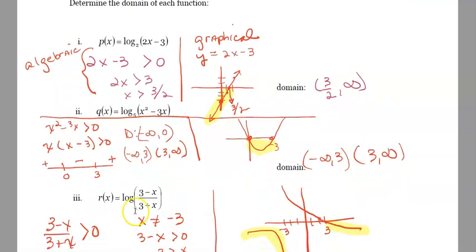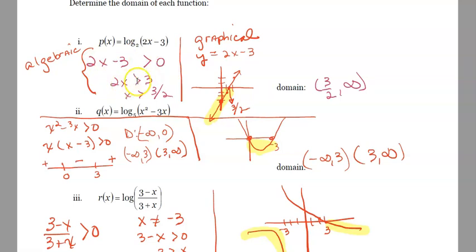Okay, algebraically, you can't take the log of a 0 or a negative. So therefore, this expression right here, the 2x minus 3, also known as the argument, has to be greater than 0. So when it's a line, it's very simple to do it algebraically. This is going to tell me that 2x minus 3 is greater than 0.